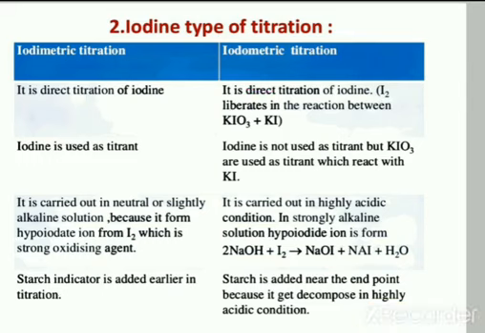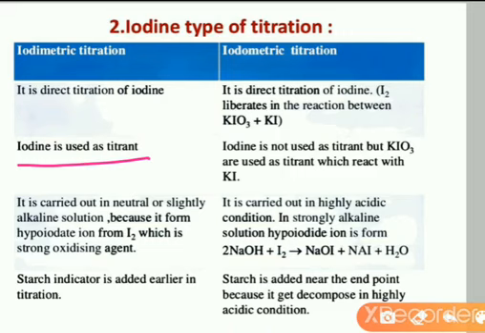Here in iodometric titration, I2 is liberated in the reaction between potassium iodate and potassium iodide. In iodimetric titration, iodine is used as a titrant. In iodometric titration, iodine is not used as titrant, but potassium iodate is used as titrant to react with potassium iodide.